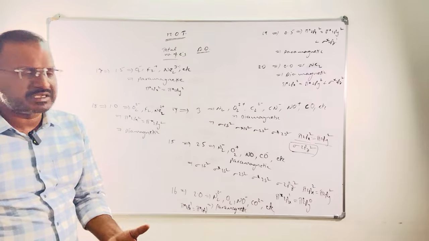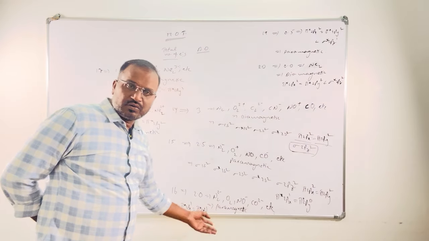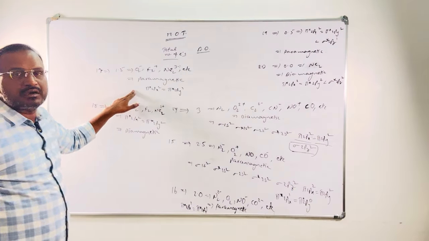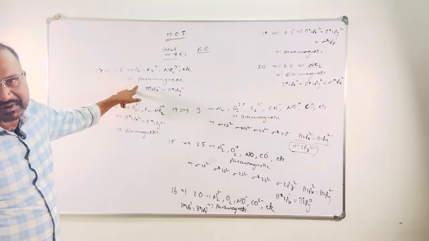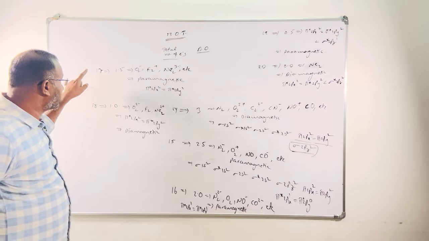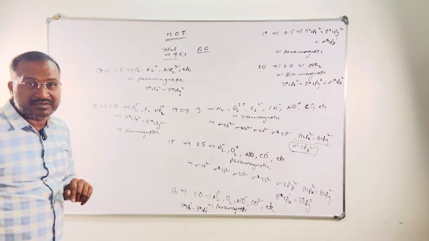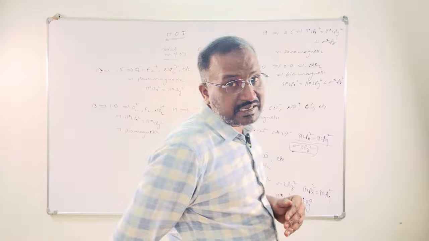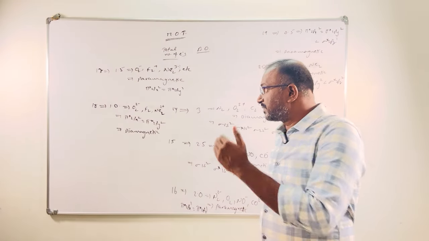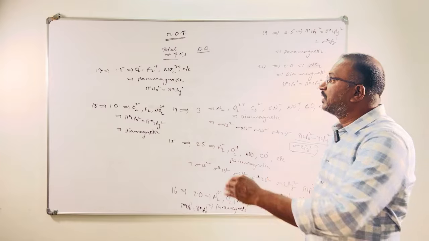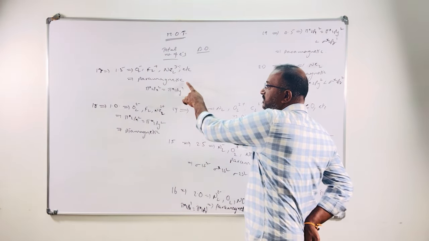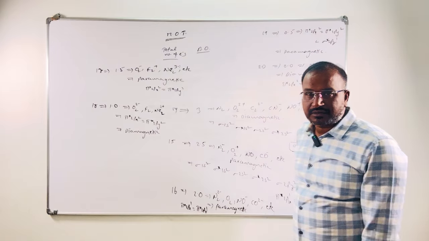But magnetic moment changes. Here 2 unpaired electrons, root 8 will become, here 1 unpaired electron, root 3 will become. If total electrons change from 17 to 18, once again bond order decreases from 1.5 to 1.0, and magnetic nature also changes from paramagnetic to diamagnetic.